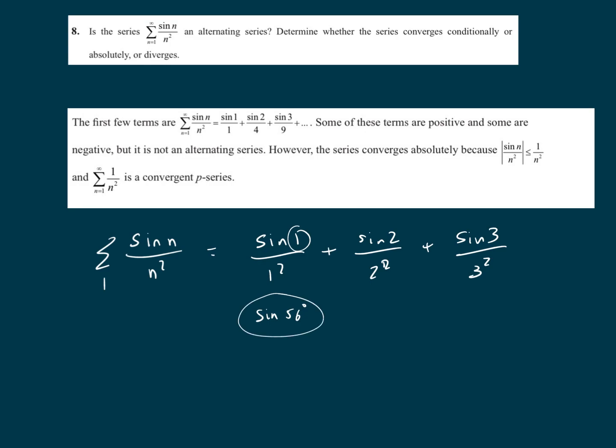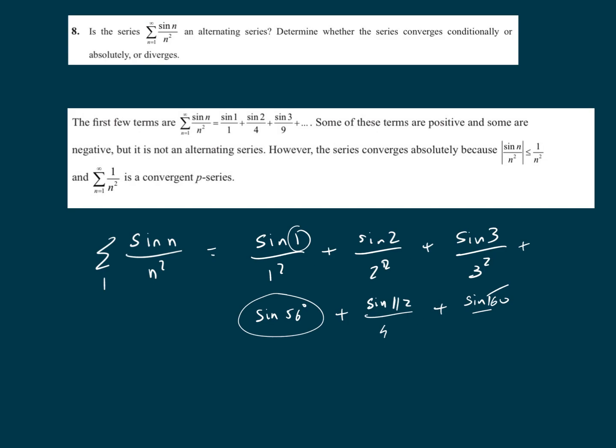Sine of 2 is the sine of 2 radians. 2 radians is like 112 degrees, more or less, divided by 4. Sine of 112 is also positive, so this is not an alternating series. Sine of 3 is sine of 160 degrees, also positive.